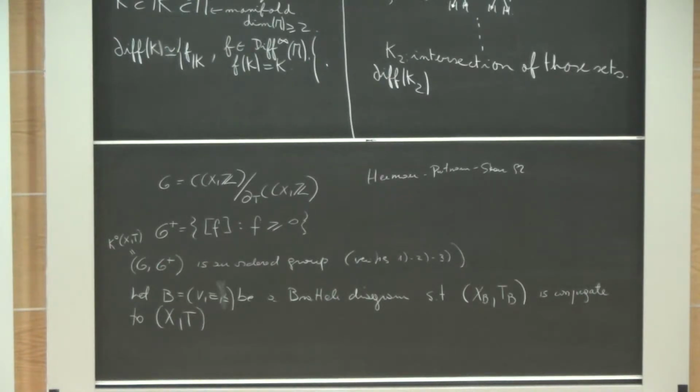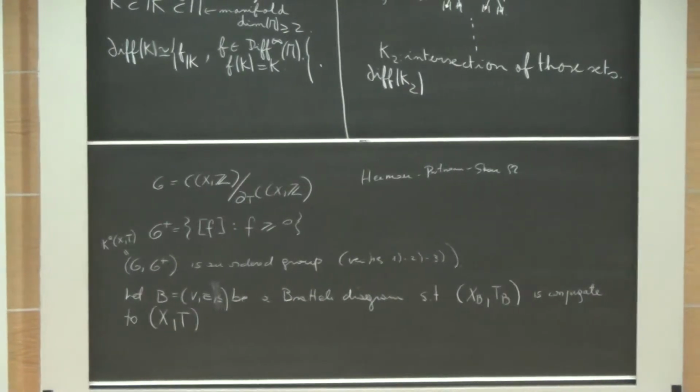So both things are isomorphic. And how can we define the isomorphism? So the way to define this isomorphism is the following. So for one side, we have this group.